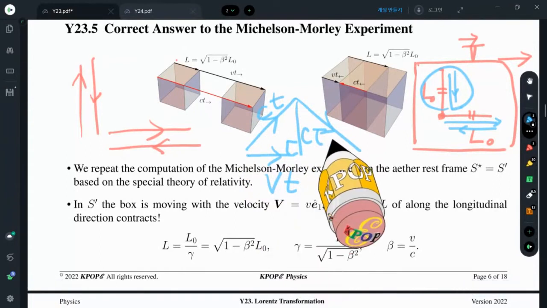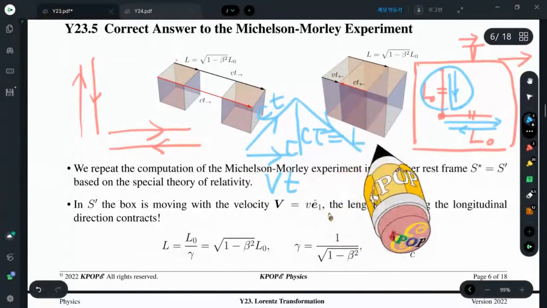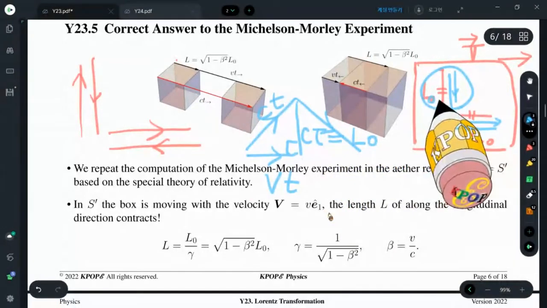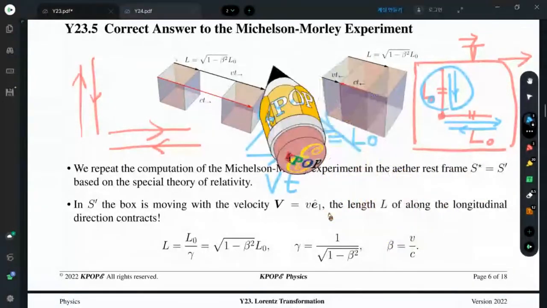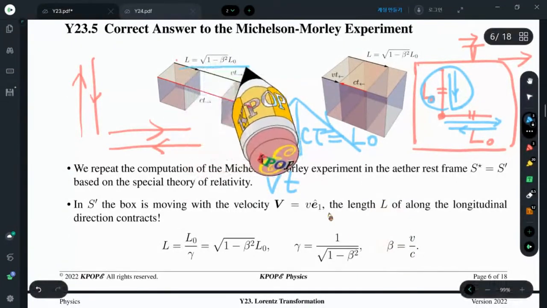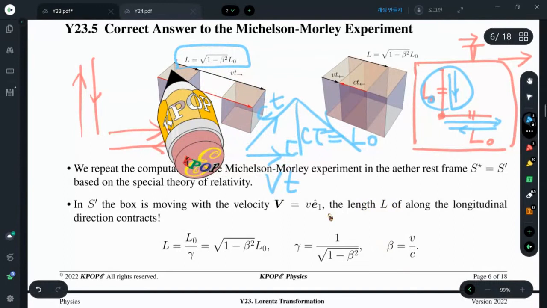So using this idea, and this C tau is invariant as the length of the arm, L0, we derived the time dilation. And because of the time dilation, we have shown that the length contraction appears like that. So we apply this to the longitudinal motion.